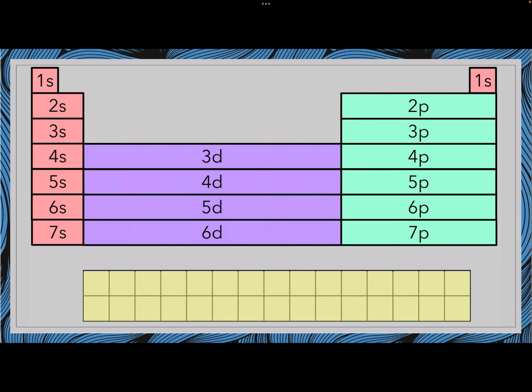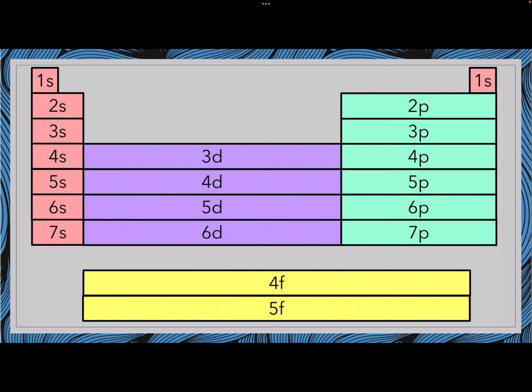Even though elements in this 3d block, so things like iron and zinc, are in the fourth period, the orbitals are 3d orbitals. So it goes down by one effectively. And the same thing with the lanthanides and actinides. We have 4f and 5f.